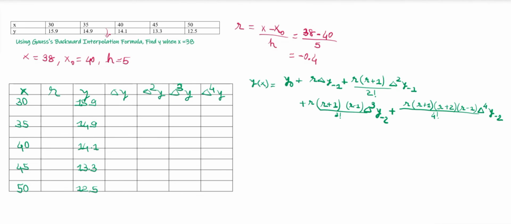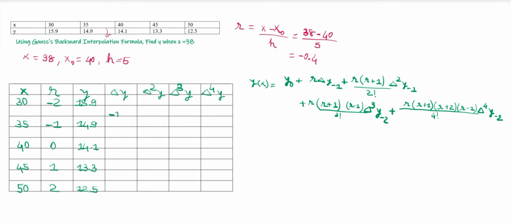Corresponding to 35, write the r value as minus 1. Corresponding to 40, write the r value as 0. Above minus 1, decrease the value by 1, and below 0, increase the values by 1. So it will be minus 2, minus 1, 0, 1, 2.